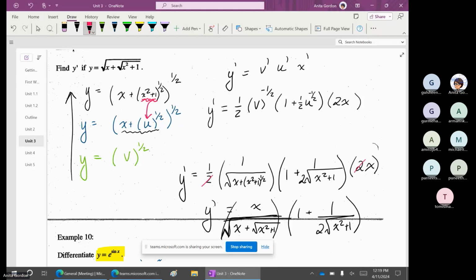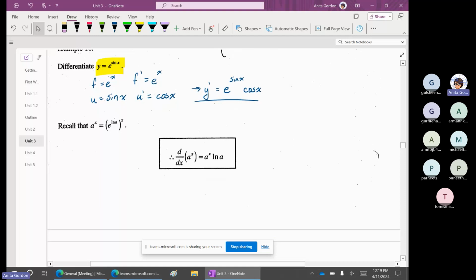U is here. Maybe I should color code it better. You want me to restart and start from scratch? Oh my gosh. Okay, we'll do it on the board, because doing it on the screen sometimes is not super helpful. Okay, can we come back to this one?